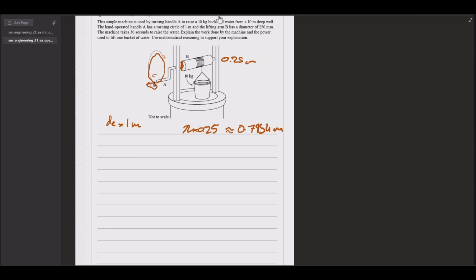And if we want to move it 10 meters, then the number of revolutions that we're going to have to do is 10 divided by 0.7854, which is 12.73 revolutions. And that's 12.73 meters at the distance of effort, because the turning circle is 1 meter. And then the distance that the load travels is 10 meters.